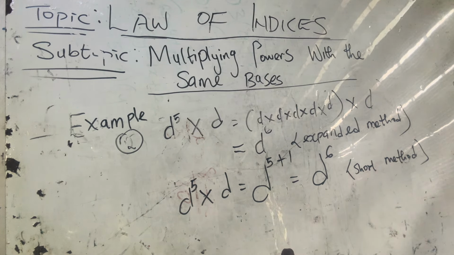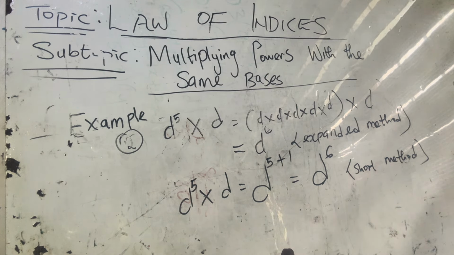The coefficient of this y is 1, multiplied by y raised to power 3 multiplied by y raised to power 2, then multiplied by y raised to power 1. There's an invisible one here.